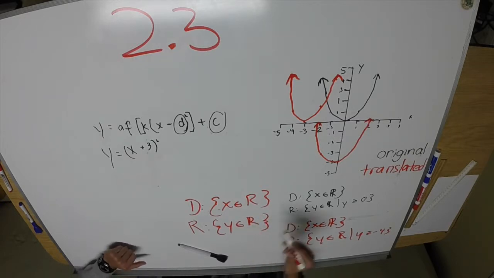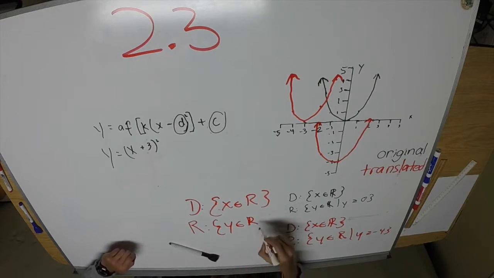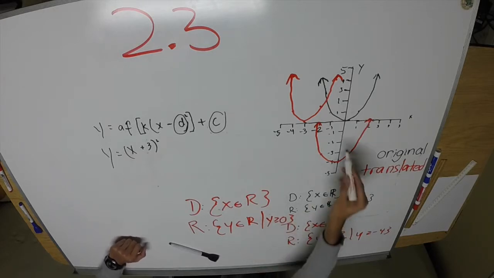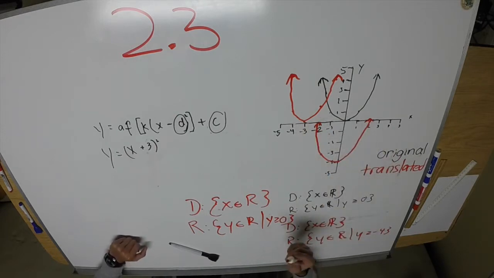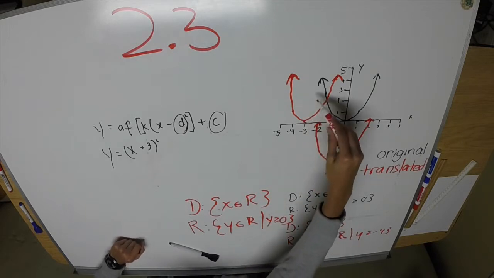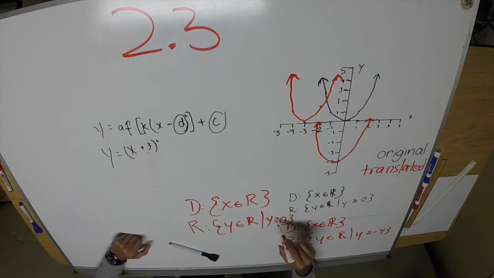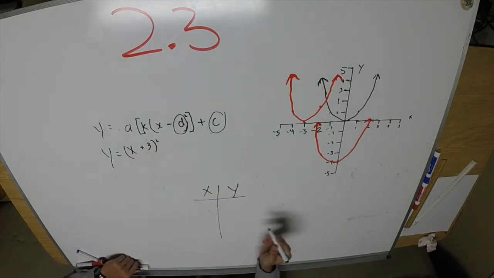And the reason for this being is that even though it's been translated, the same restrictions apply to the domain and range. Now just to explain that, on the domain, the x values can still go on any part of the x-axis infinitely, but on the range, it still can only go equal to or above 0. And that's why we write that y can equal any real number such that it's equal to or greater than 0.